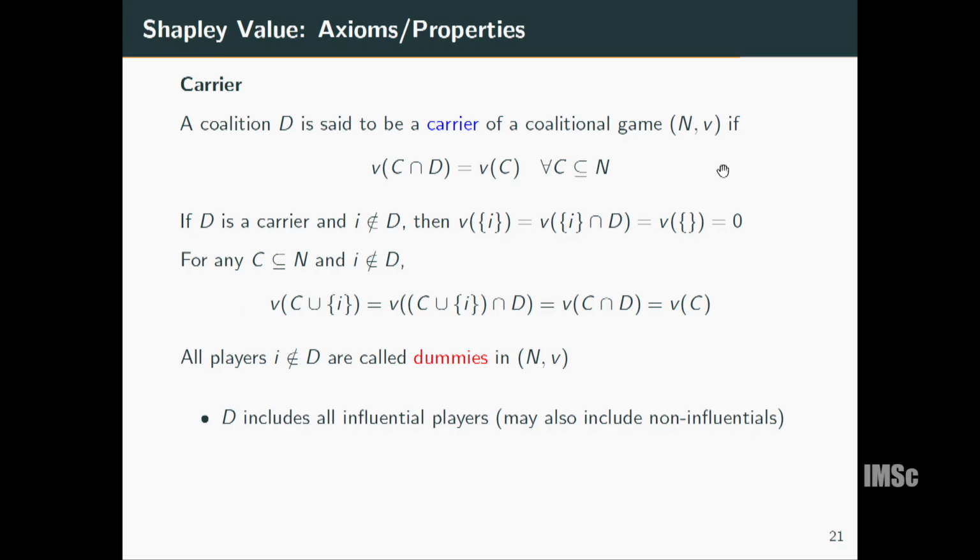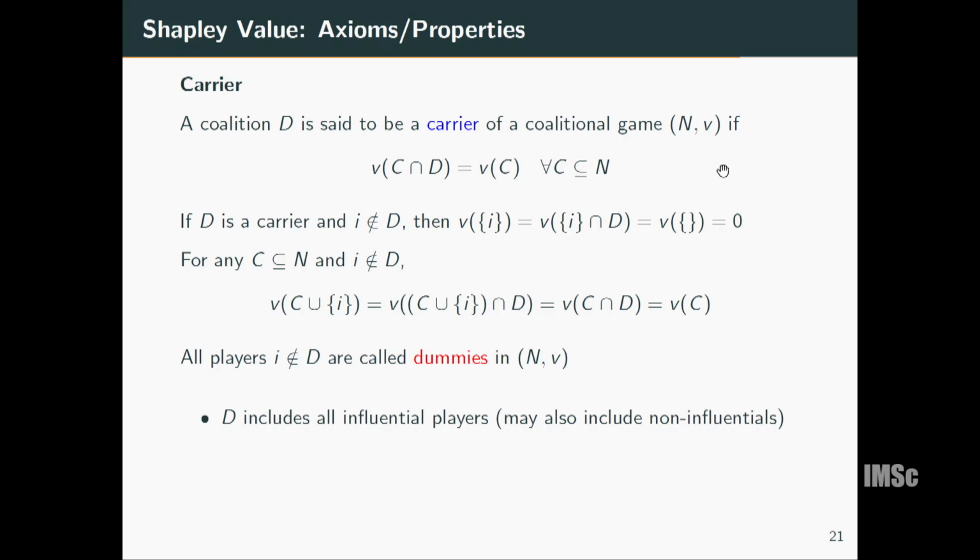And V of C will be V of I. So what I am doing is, for any valuation function that is given to me, I am trying to find whether there exists a D which satisfies this property for all C. It is not guaranteed it will exist. Suppose it exists, then I call such a set D a carrier, and for all the agents not in the carrier, the V of I will be 0.